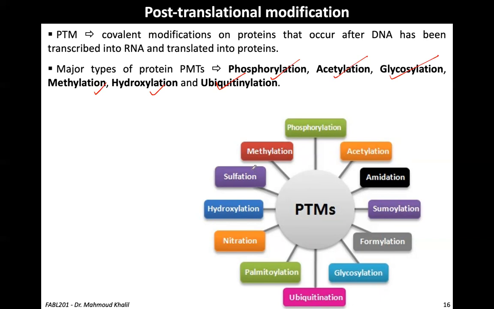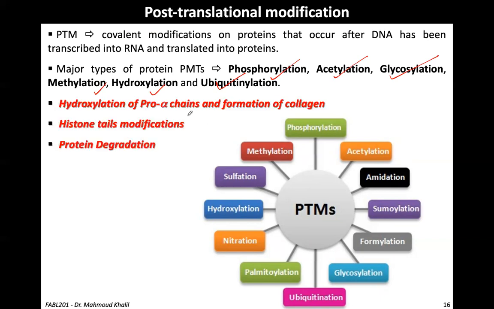We will deal with 3 examples: the hydroxylation of pro-alpha chains and how collagen is formed, the histone tail modification, and how modification affects protein degradation. These 3 modifications will affect the function of the related proteins.